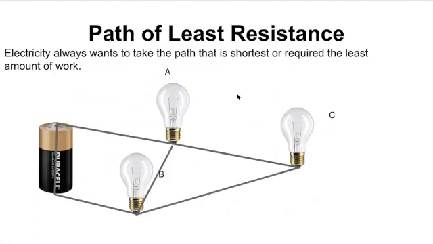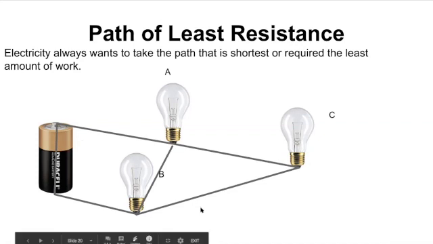Now let's talk more about the path of least resistance. Remember, that can either mean the shortest path or the path that requires the least amount of work. Now, electricity always wants to take the path that is shortest or requires the least amount of work. Here I have a circuit set up, so we can imagine that these gray lines are wires.